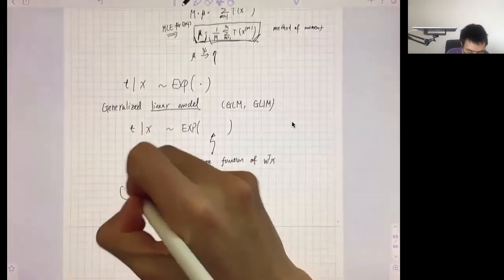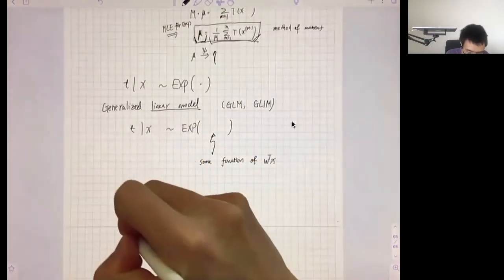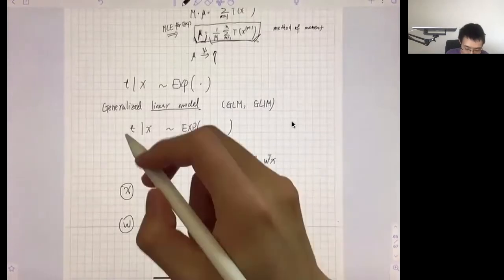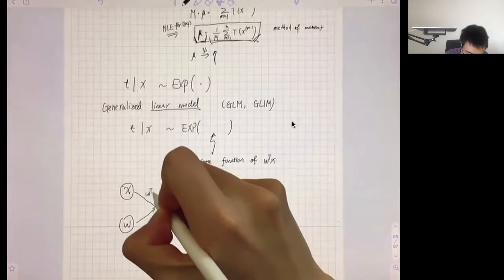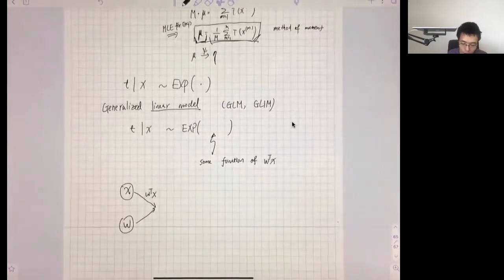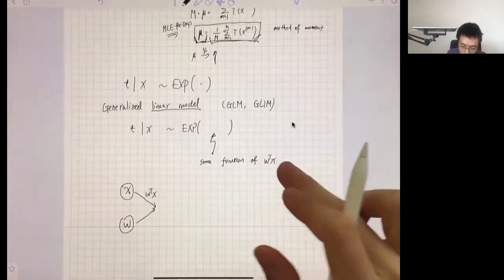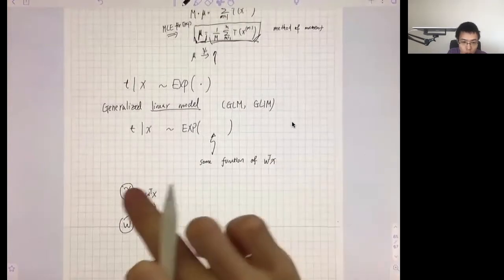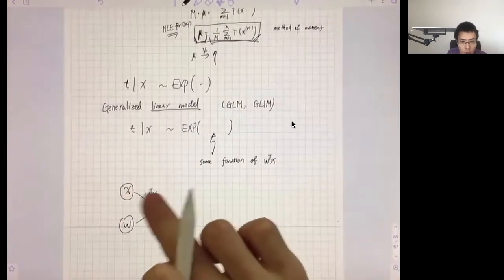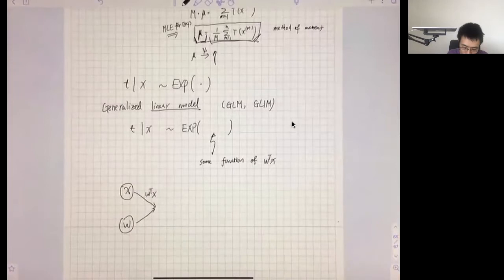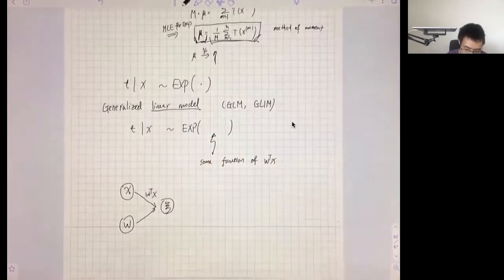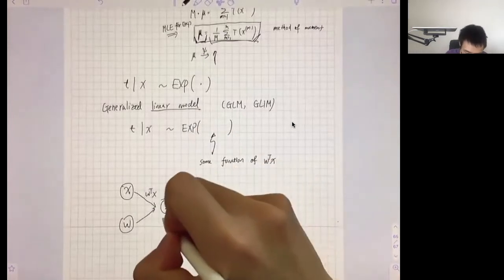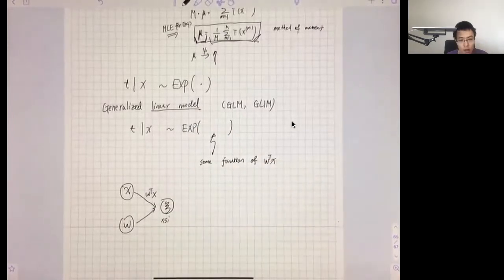So I will say my X and W enter the model by inner product, okay? Because it's a linear model, my assumption is that my X enters the model by inner product with my weights W. And based on that, I have the Xi, okay? So this is the Xi, which is just the inner product of W and X.